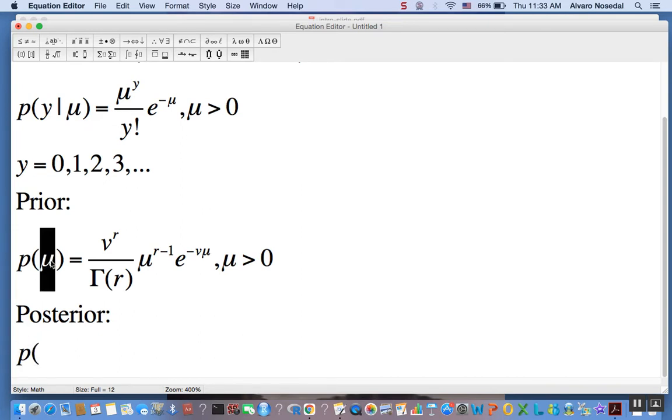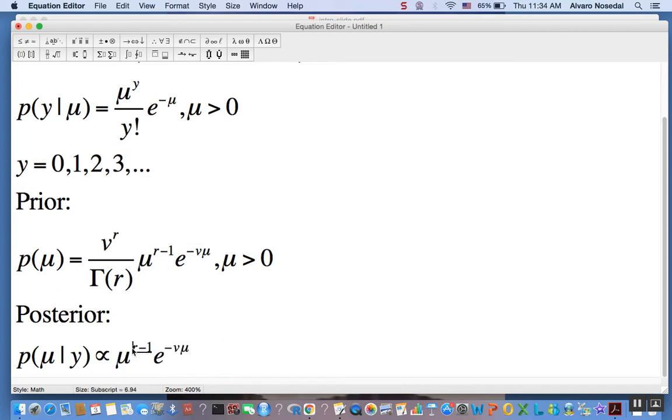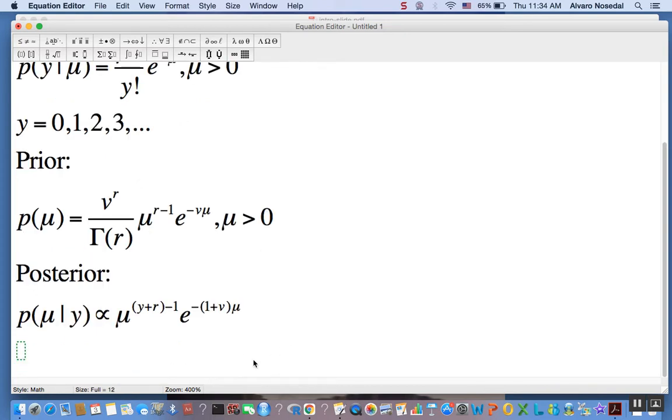So now we have the probability of mu given y. We can think about the posterior along those lines. And we know, let's use the proportionality symbol, that what we're going to have in this case is proportional to this expression, right? So again, we have a member of the gamma distribution family.